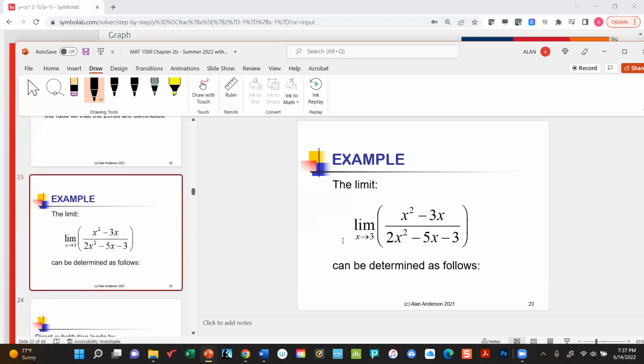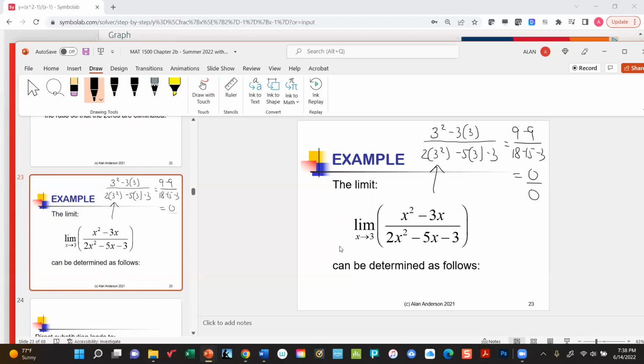How about this one? Now, here's the interesting part. If you plug in that 3 everywhere here, well, you can see, oh boy, we have 0 over 0, just as we were afraid.